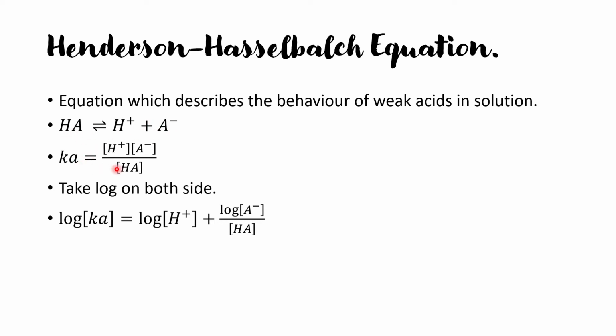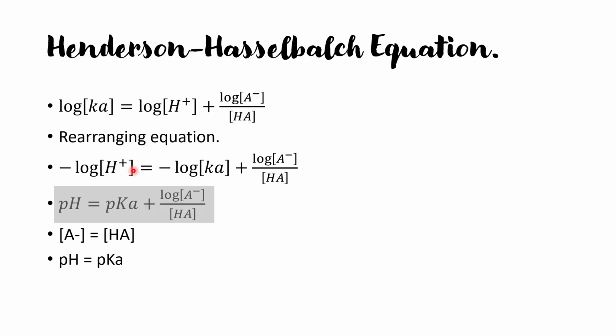K equals the concentration of proton times the concentration of the conjugate base divided by the concentration of the acid. Now if we take the log on both sides and rearrange the equation, it becomes: minus log of the proton concentration equals minus log of the dissociation constant plus log of the conjugate base concentration over the acid concentration.